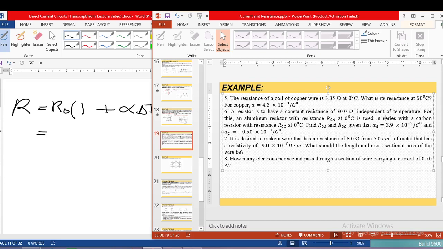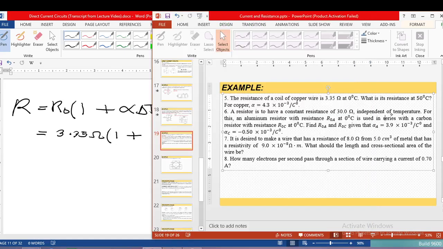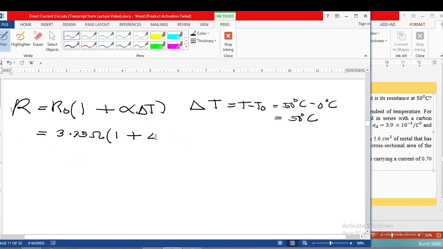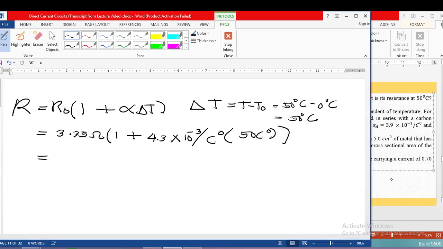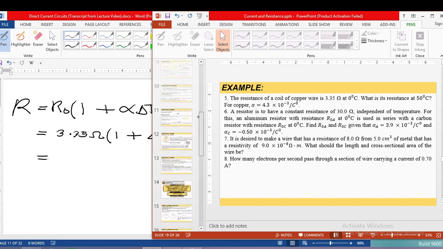So we have to find the resistance at 50 degrees Celsius. Basically 3.35 ohms times 1 plus the alpha of the copper, or the temperature coefficient, which is 4.3 times 10 to the negative 3 per Celsius degree, times delta T, which is 50 Celsius degrees. How much is that? Let me check if it is correct.